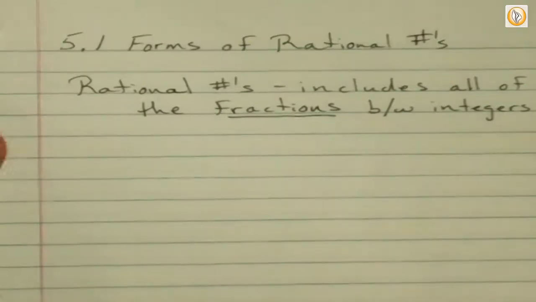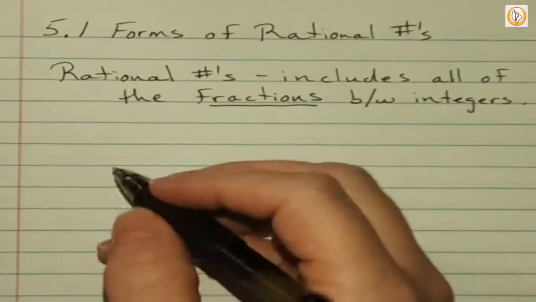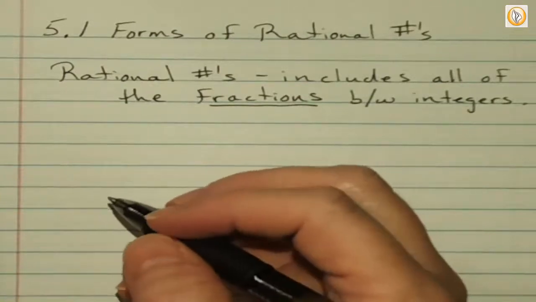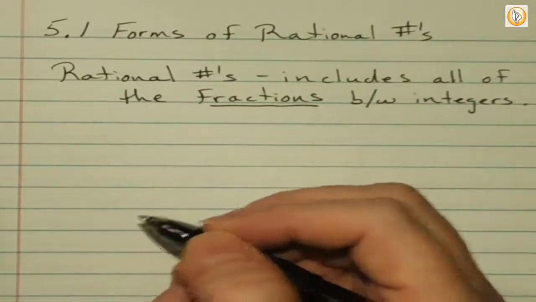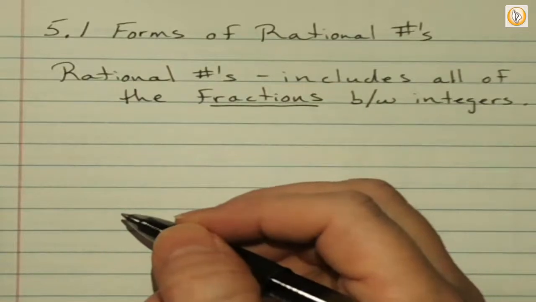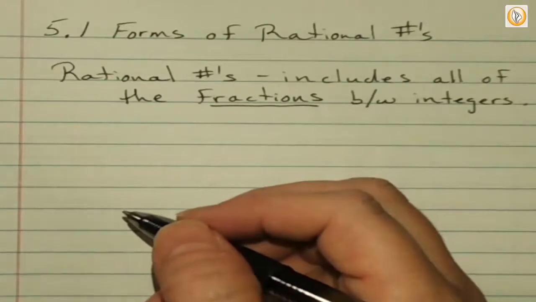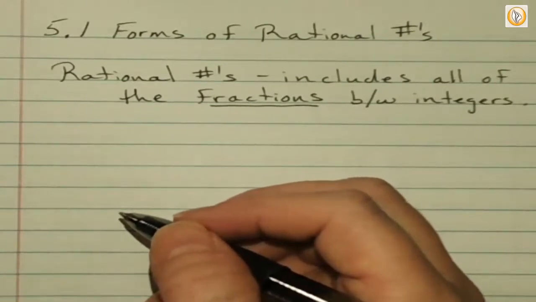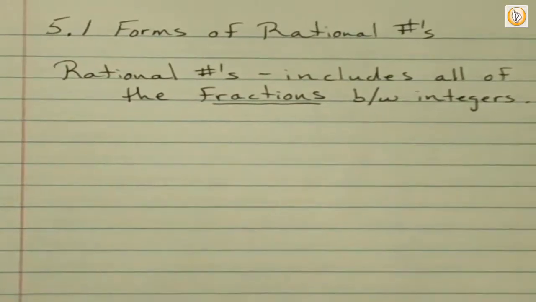They're easy. Fractions are annoying. Okay, I'm going to get you there. The only thing with fractions is it's very easy year to year to forget all the rules with them, and that's the problem. So like everyone else does every year, just review. Okay, rational numbers includes all of the fractions between integers.